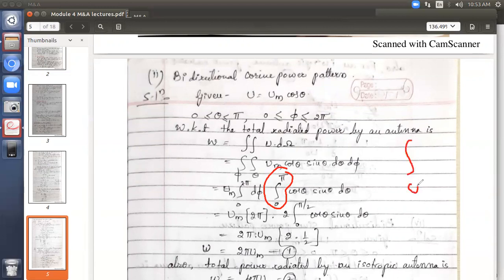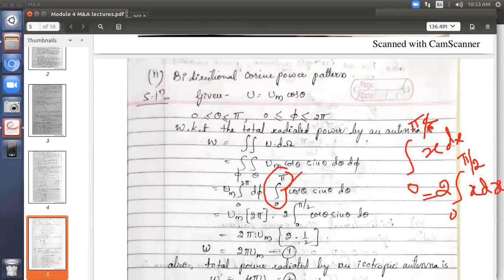The property says, if the range is 0 to pi and some function of x dx is there, then it is equivalent to 2 times 0 to pi by 2, right? So 90 plus 90 is 180. So 2 times 0 to pi by 2 limit x into dx. So this property of integration I will use.